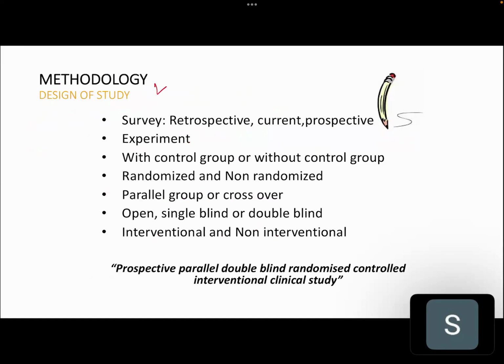Now, in the methodology, that is the design of your trial, is it retrospective? If it is an observational study, more interventional trials, your phase 1 to phase 4, are mostly prospective. What will be the control group, or without a control group? Which randomization are you using? Are you doing a parallel design or a crossover?